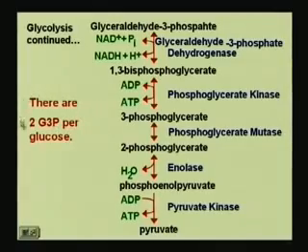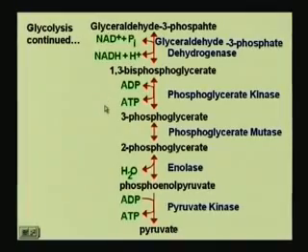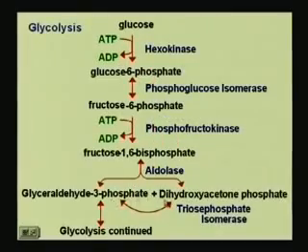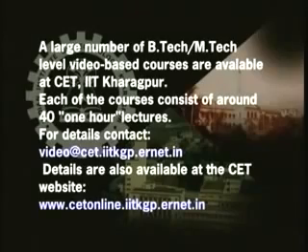There is one thing that we have to remember, that per glucose there are 2 glyceraldehyde 3-phosphates. Because what is the previous step? We have 2 of these. And in the triose phosphate isomerase, we know that the equilibrium is shifted to this side because this is being consumed in the further steps.